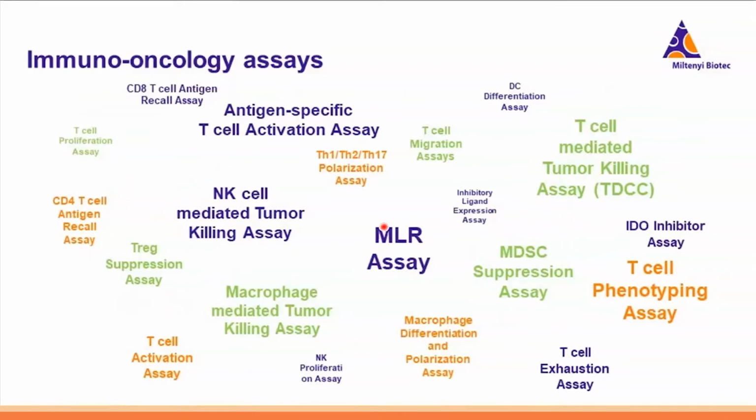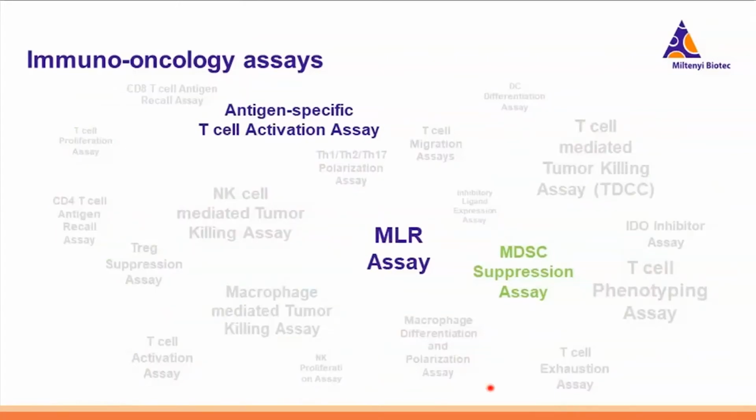So immuno-oncology assays are diverse. They come in different shapes and colors. And during this talk, I will cover the MLR assay, antigen-specific T-cell assay, and MDSC suppression assay as one example of suppression assays.